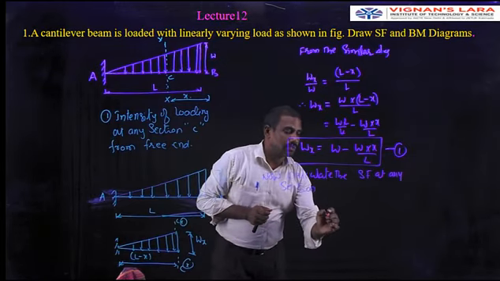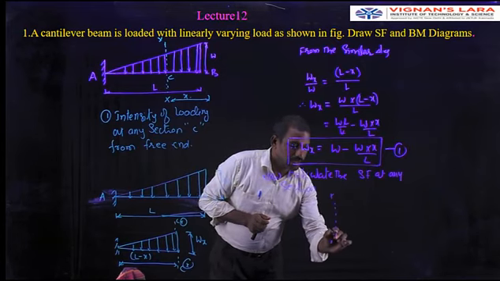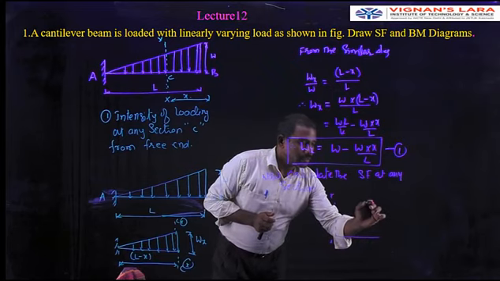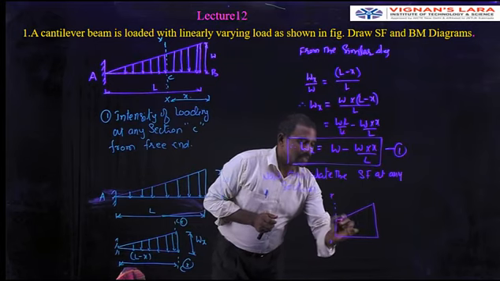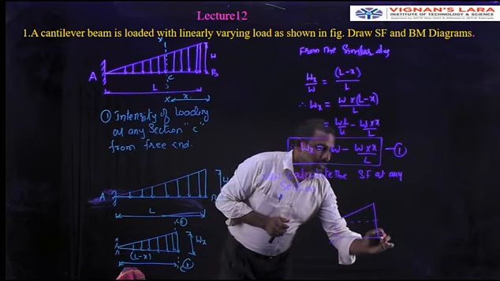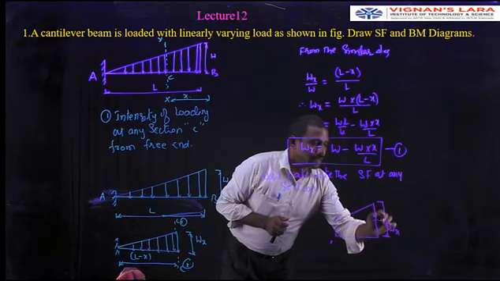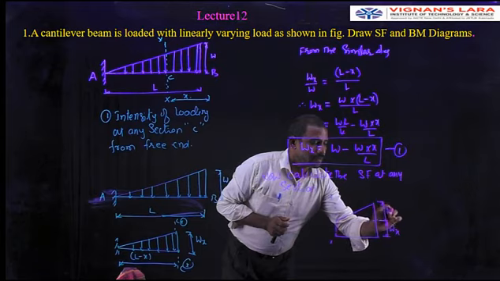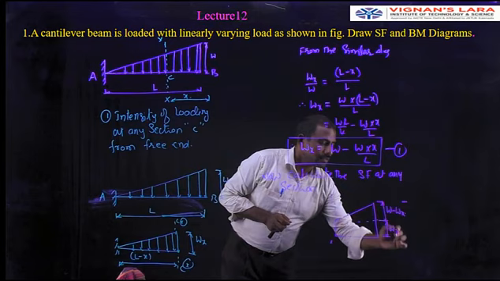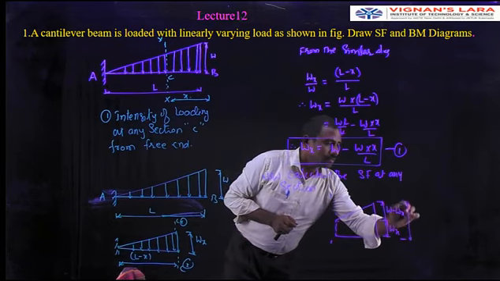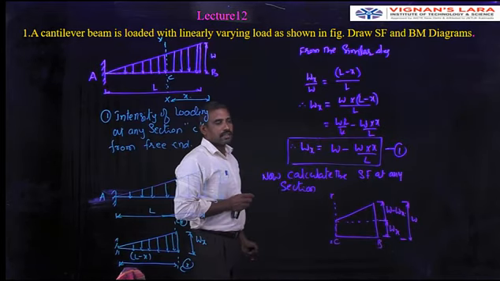I would like to draw this: this is the section XX, and this is the portion right to the section. We know that it is W suffix X. Definitely it becomes capital W minus WX, since it is W. Here, say this is C, this is B.